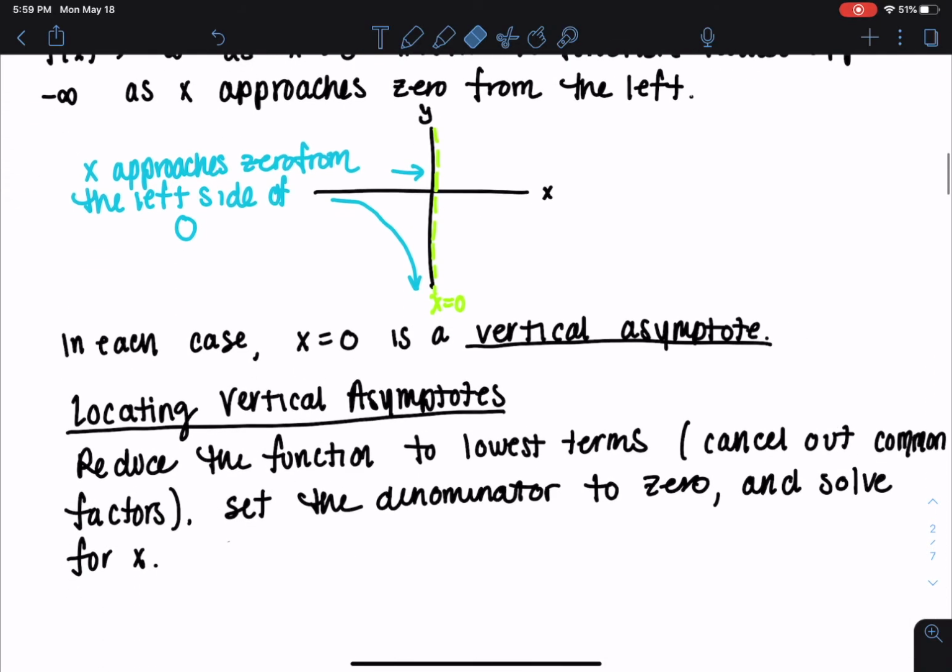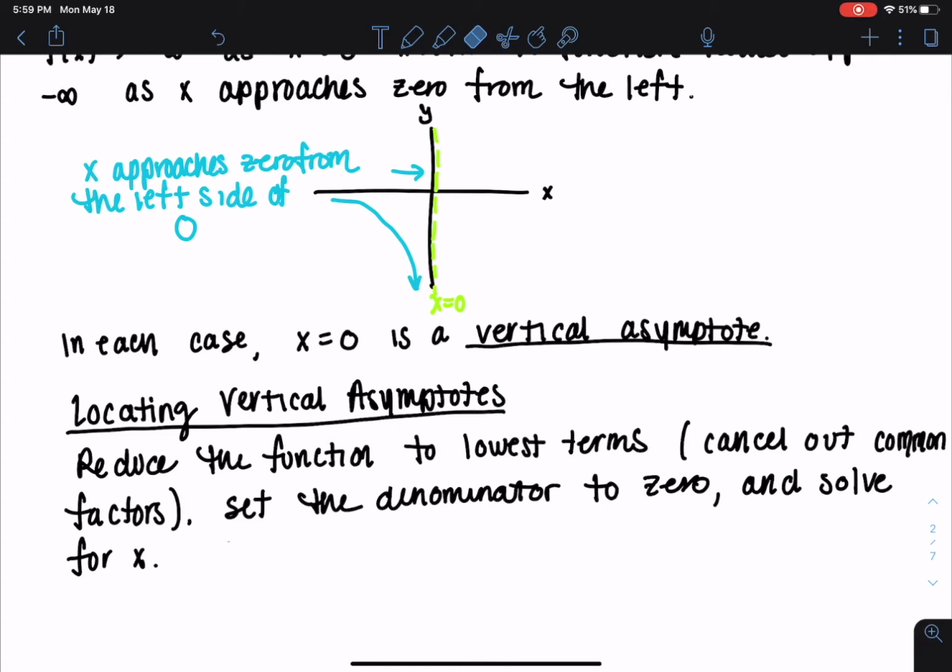Now, to actually find the vertical asymptotes, you basically want to end up dividing by 0. Because if you're dividing by a very small number, it's going to get bigger and bigger. 1 divided by 1, not so big. 1 divided by 0.01, a lot bigger. 1 divided by 0.000000001, even bigger.